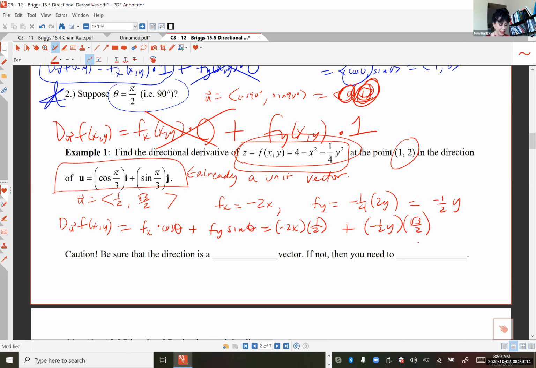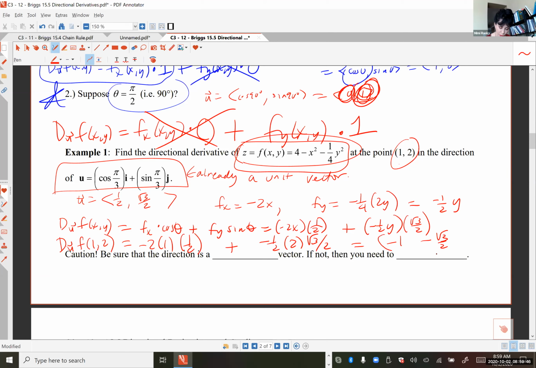Okay, and then they specifically said at the point (1, 2). So your directional derivative in the direction of a vector making a pi thirds angle with the positive x-axis at the point (1, 2) is, substituting 1 in place of x and 2 in place of y and rewriting, a really weird exact answer: negative 1 minus square root of 3 over 2.